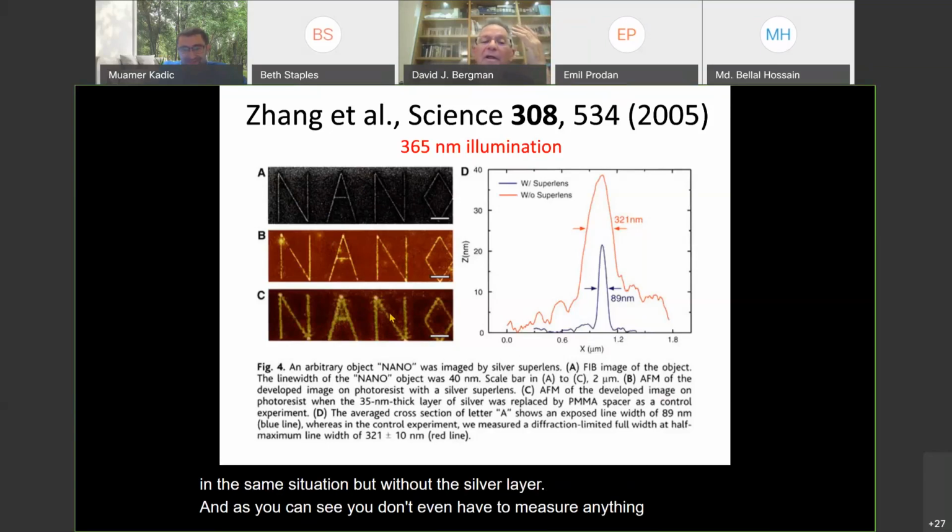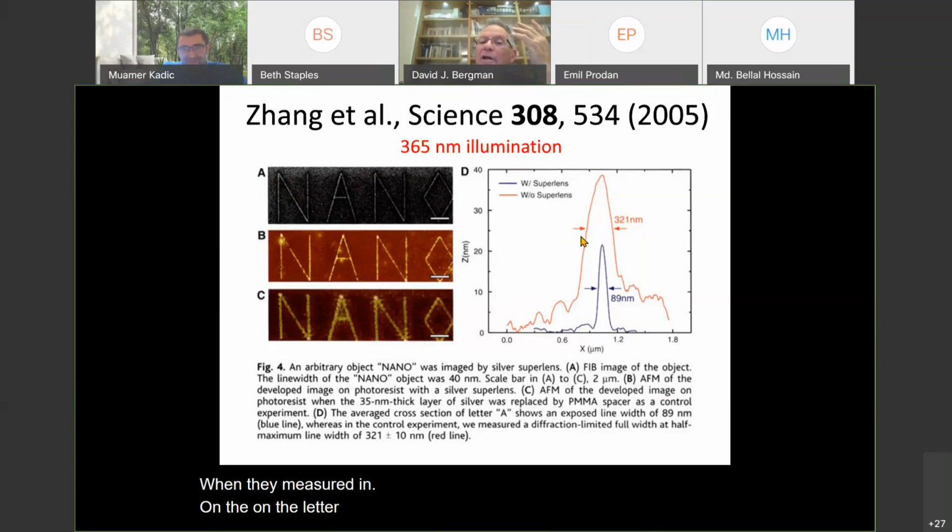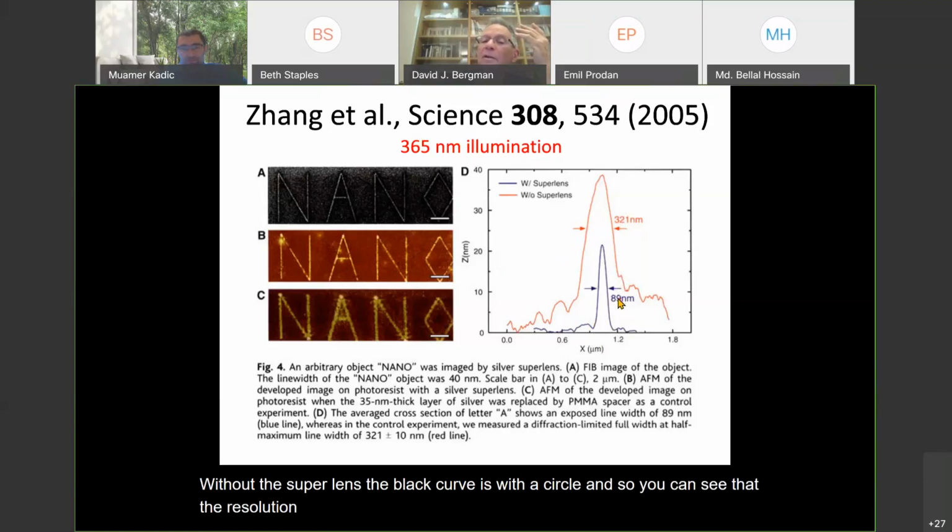You can see that the resolution with the superlens is, of course, considerably better than without the superlens. And here, when they measured on the letter A, you can see the red curve is without the superlens. The black curve is with the superlens. So you can see that the resolution is almost 4 times better with the superlens.